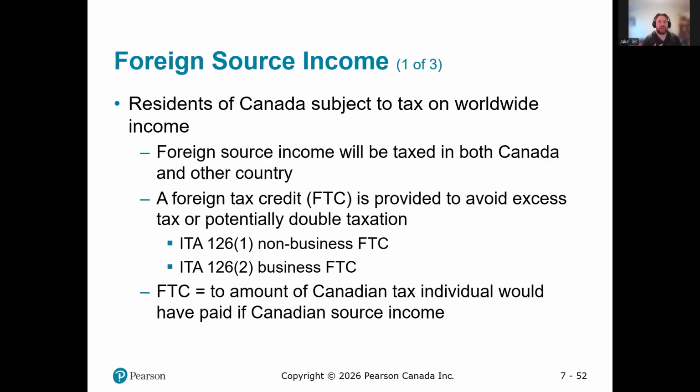If I earned $100, Canada says you owe 20, and I say I've already paid 25. They say, okay, then you don't owe us the 20. We'll give you the credit for it, but they're not going to pay you $5 to make up for taxes paid elsewhere. You get a credit against what you owe us, but we're not making you whole.